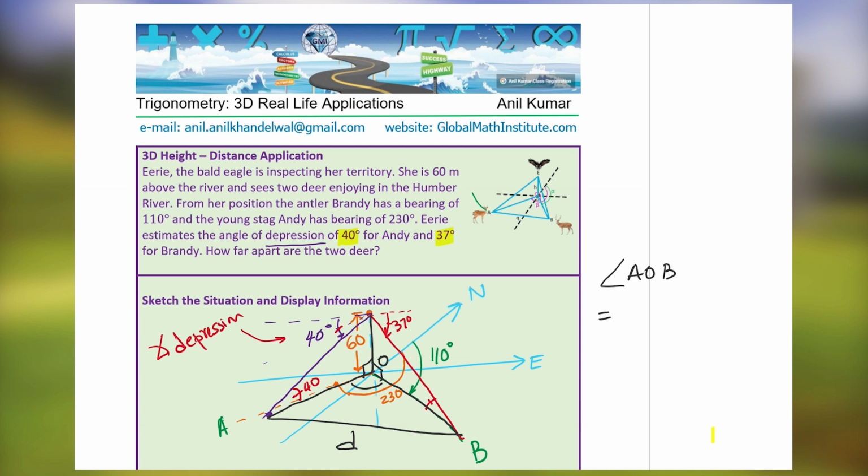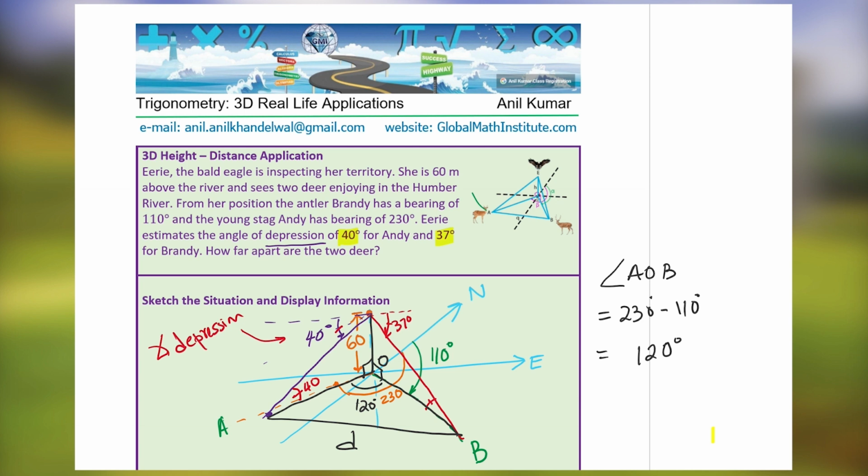Well, AOB is 230 degrees minus 110 degrees, correct? That is what it is, right? So if I do that, we get what? 0 take away 0 is 0, 3 minus 1 is 2, and we get 120 degrees. So this angle is 120 degrees, perfect.